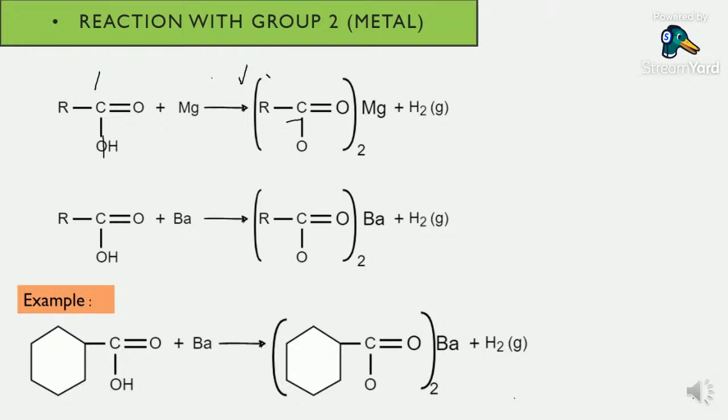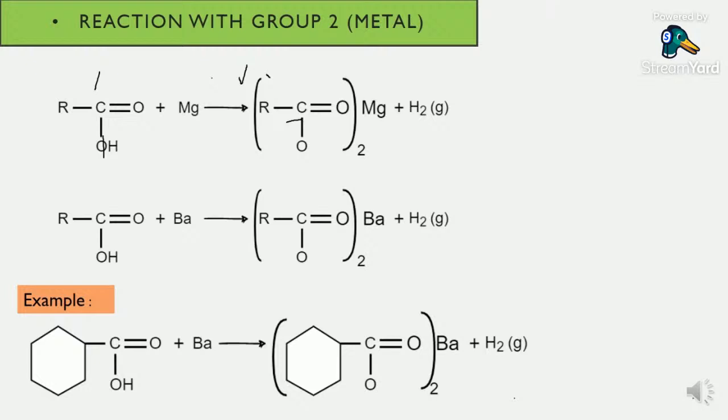Mg is outside the bracket, and don't forget to put 2 outside because this equation involves group 2 metal. Since this group 2 metal is already stable, we don't need to put 1/2 in front of H2 gas.